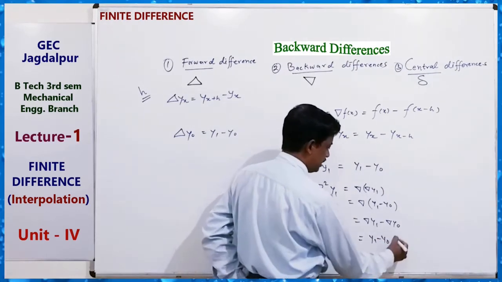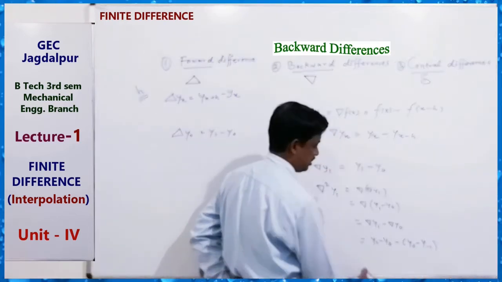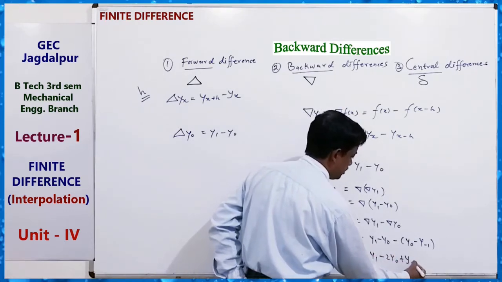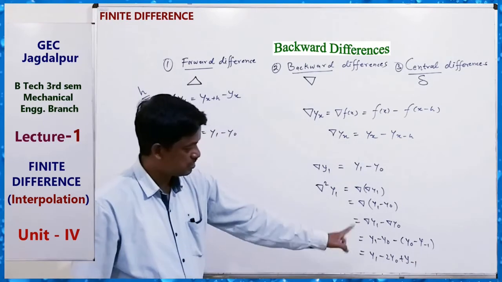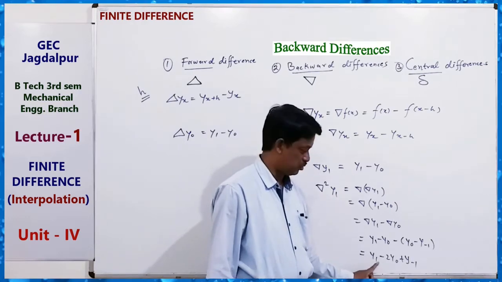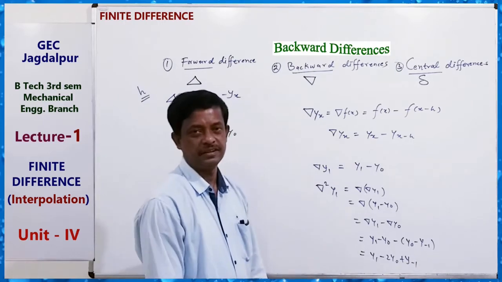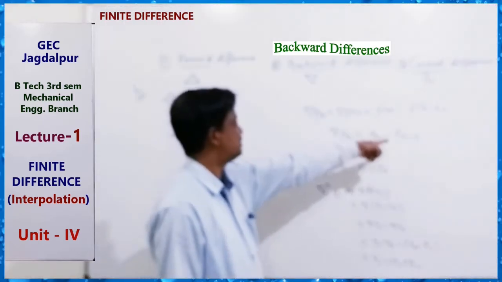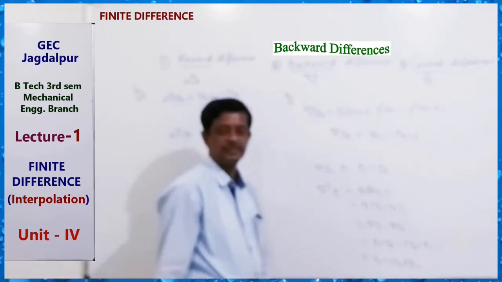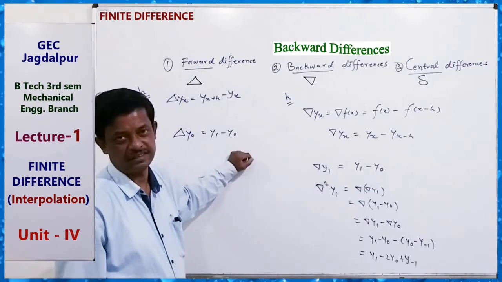Here from y0, y minus 1 is subtracted. So we can write y1 minus 2y0 plus y minus 1. So here minus 1, 0, 1. Start from 1, then 1 less, 1 less, just like this. Clear? In terms of the differencing h, we can write like this. So this is backward differences.